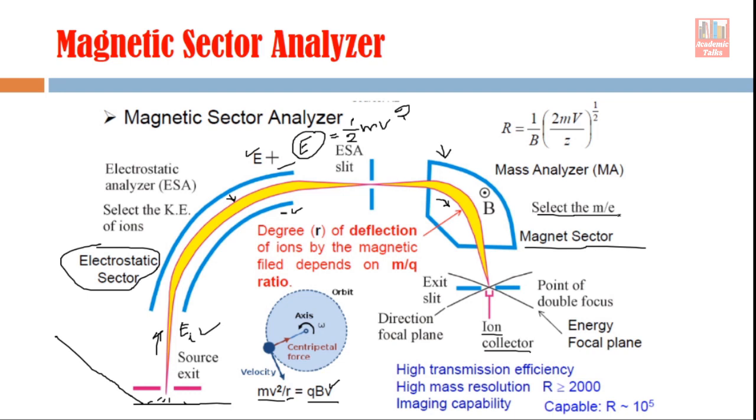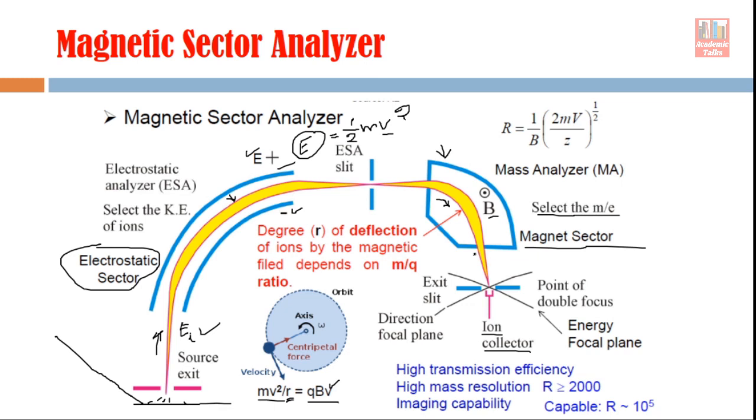Now suppose we want to detect an ion of a different mass, to reach this collector. Then what we have to do is change this magnetic field here or the electric field here, so that we change either their V or their B, so that we get a suitable value of radius of curvature in order to allow those particular ions to reach this ion collector, right?